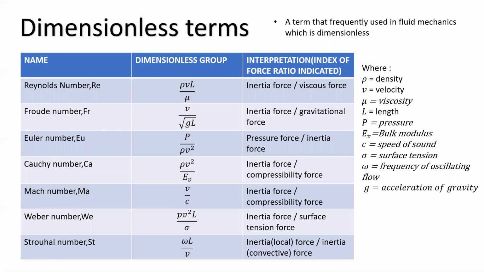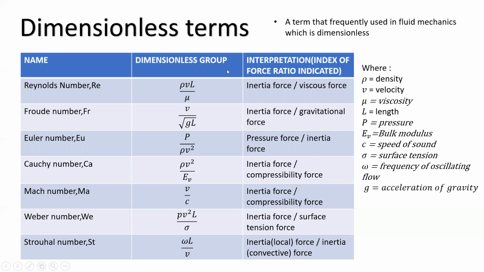Next, dimensionless terms. Dimensionless terms are frequently used in fluid mechanics. There are about seven dimensionless terms that we frequently use in fluid mechanics. The first one is the Reynolds number, Re.